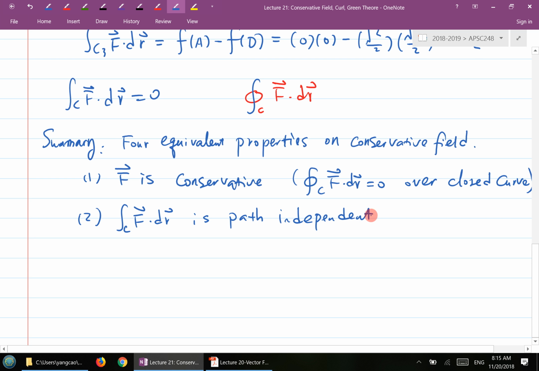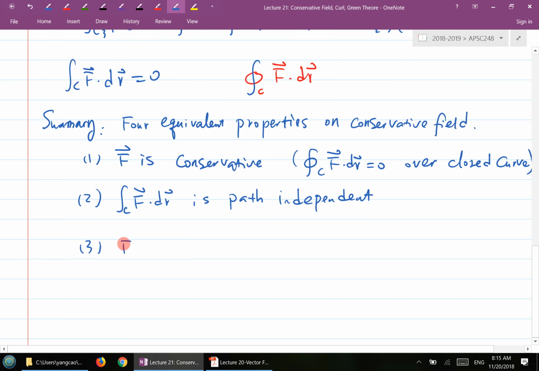If you have a starting point and an end point, and you place any curve between these 2 points, if that vector field is conservative, then according to the theorem you get the same value. That's path independent. I think in thermodynamics you probably have a similar property. There are a lot of similar things. And the third: F is a gradient field.